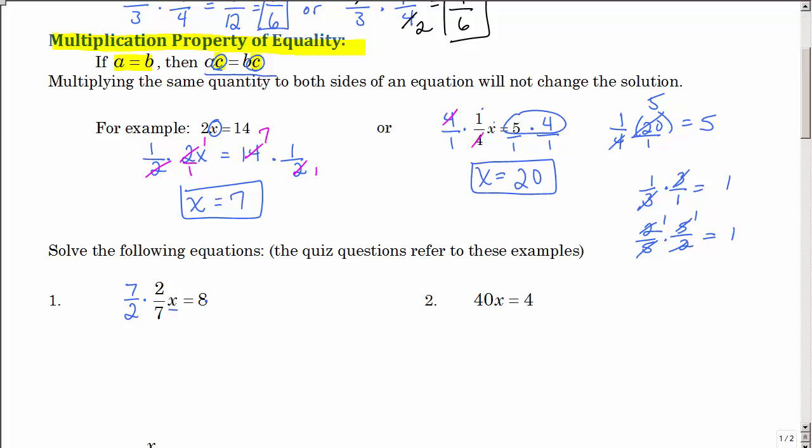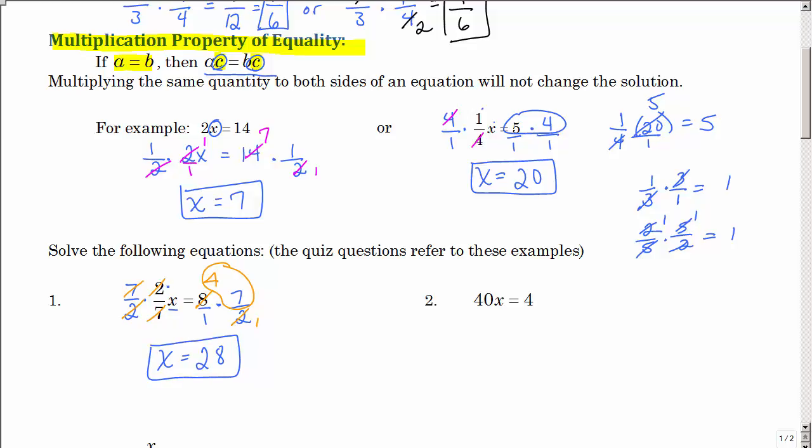So if I multiply the left side by 7 over 2, I'm going to multiply the right side by 7 over 2. And again, those all reduce, and you get x. And here I could multiply across, but those numbers are going to get a little bit big, where I could just reduce. 2 goes into 8 4 times, and then multiply 4 times 7 is 28.